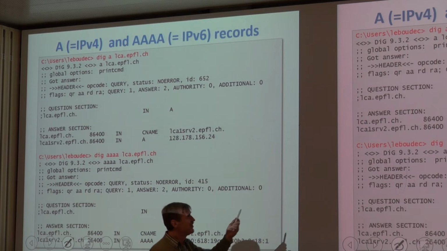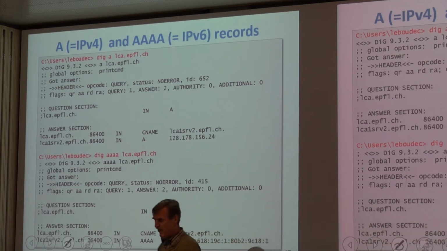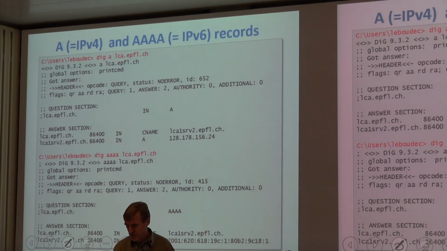So here, this lca.epfl.ch is in fact hosted by a machine which is lca1 srv2, which itself has an IP address which is given here. If I'm interested in the IPv6 address, I will ask for a quadruple A record, and I will get similar things, except now, of course, the addresses are IPv6, a bit more ugly.